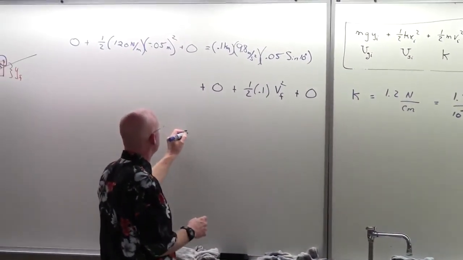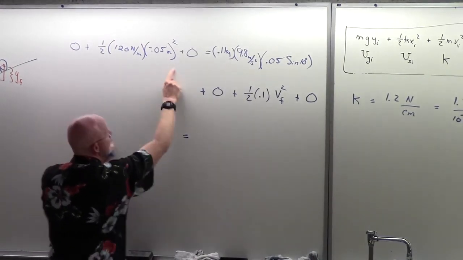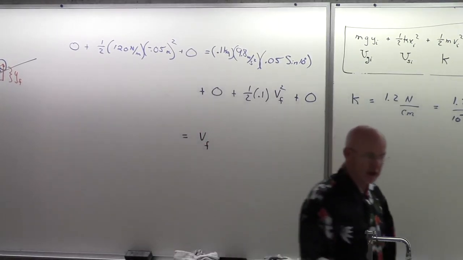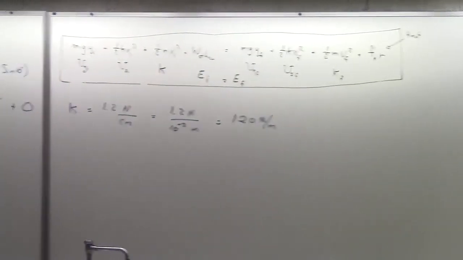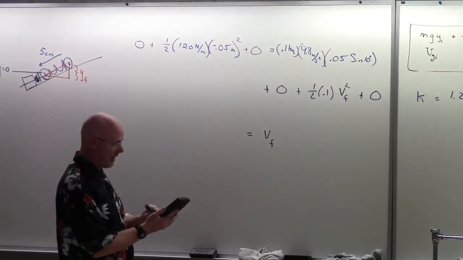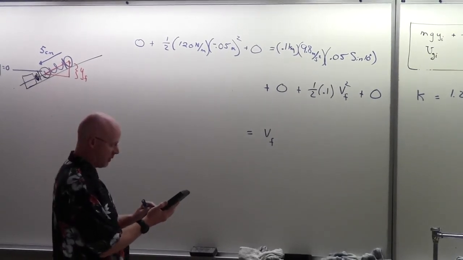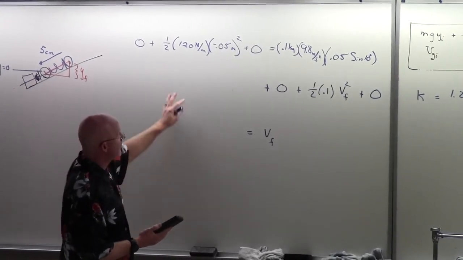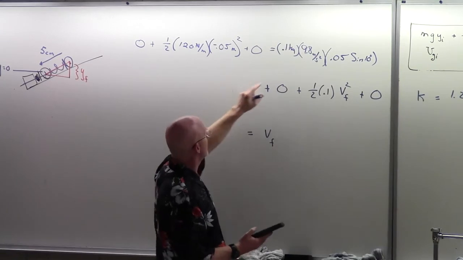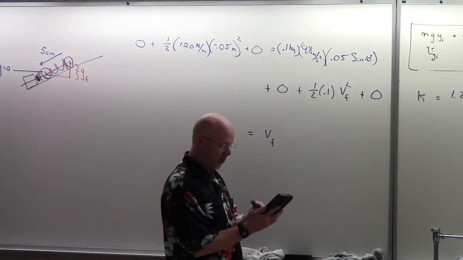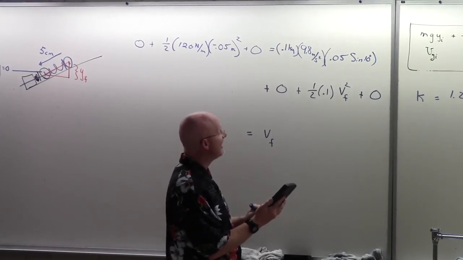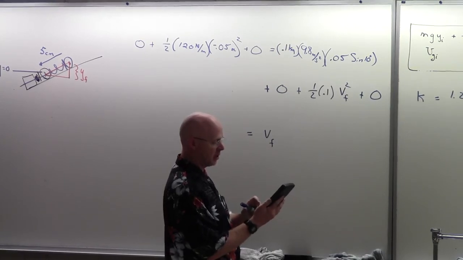But to finish this problem, you can begin to see that I know that number, and I know all of those. And again, nothing better than having an equation where you know everything but one variable so that you can solve it. So starting with this one, I will go 1/2 times 120 times 0.05 squared. And so that's 1.5. Moving this to the other side would be a subtraction. So I will minus 0.1 times 9.8 times 0.05 times sine of 10 degrees.